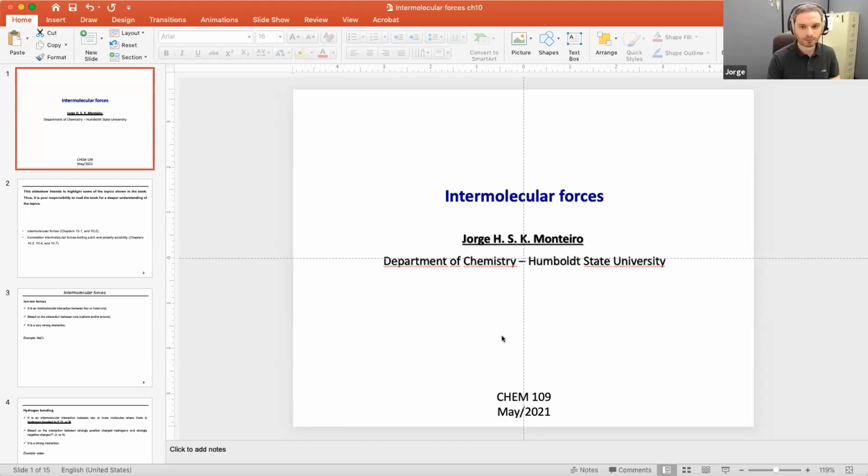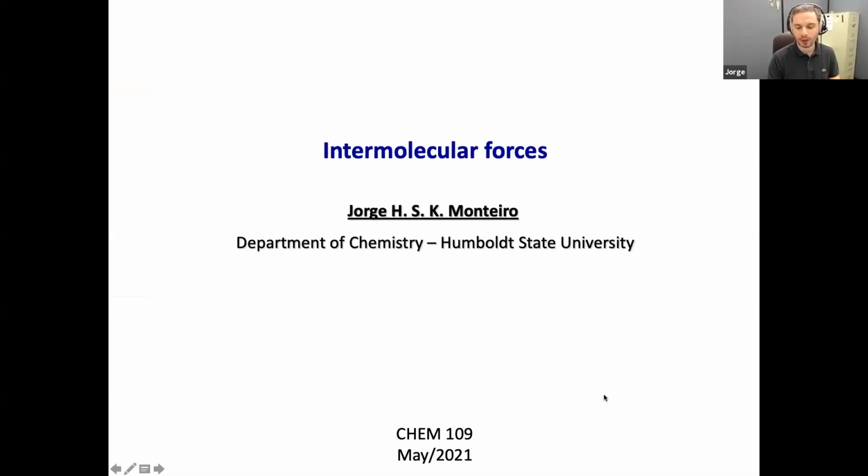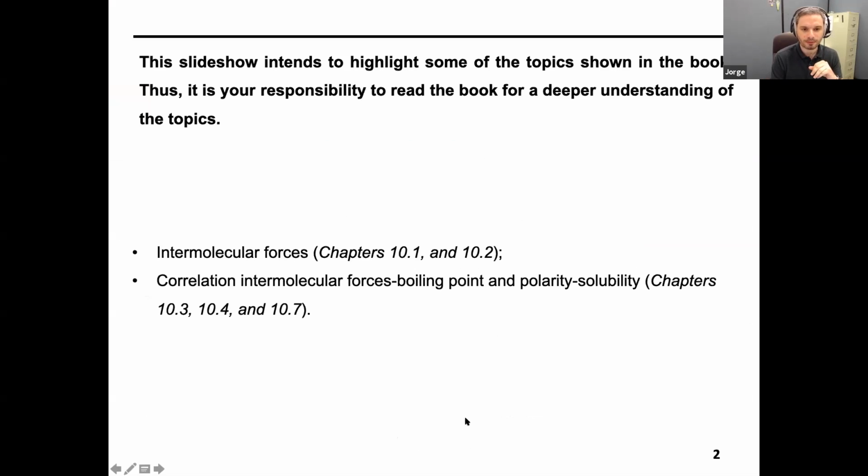Okay, so for today, we will tackle chapter number 10. In this chapter, we will study how molecules interact with themselves. And the title for this chapter, therefore, is Intermolecular Forces. So it's a very short chapter.